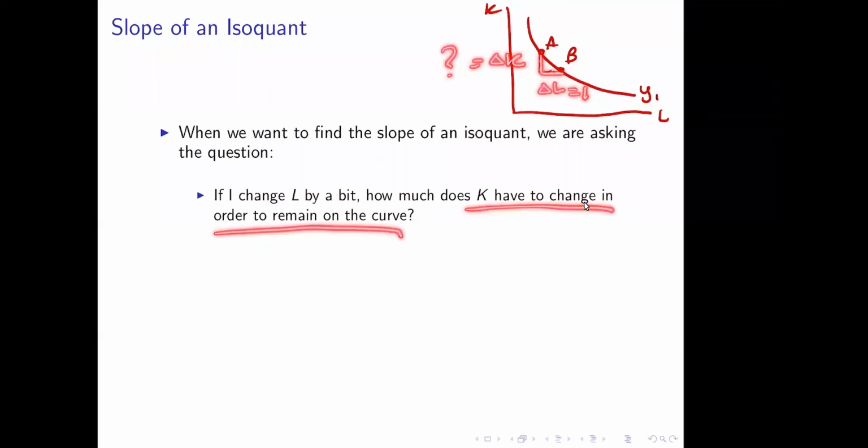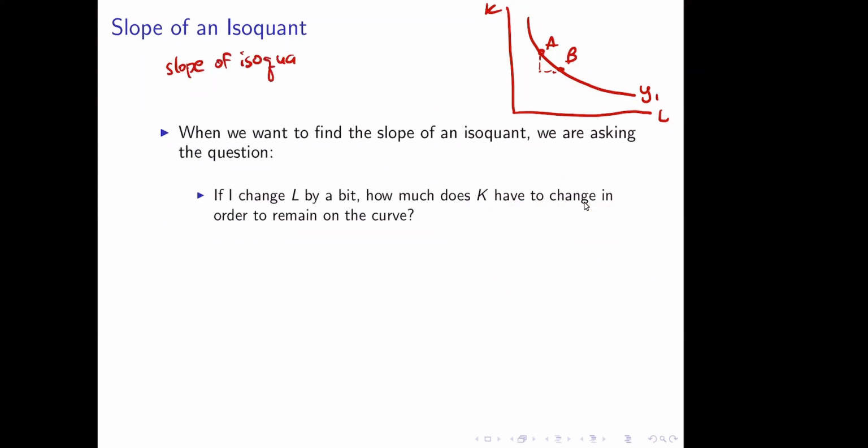So if the slope of the isoquant is, let's say, -3 to be exactly correct, that means that if I increase L by 1 unit, I would have to decrease K by 3 units to be able to produce the same amount of output at Y1. That is the meaning of the slope of the isoquant.